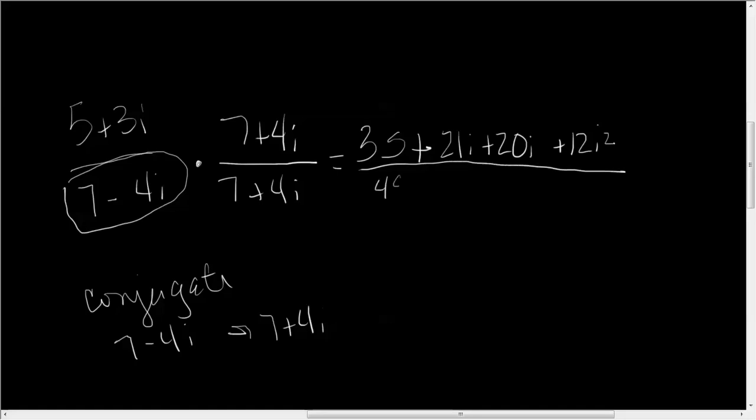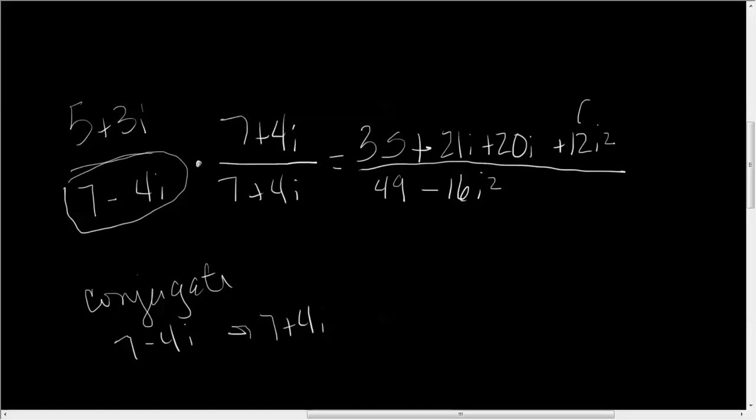Because if you notice, what we have here is a difference of squares. So if you think back to Algebra 2 days, we're going to end up with a difference of squares here. No middle term. It's going to cancel out. So I'm going to come down this way. This i squared is going to become negative 1.